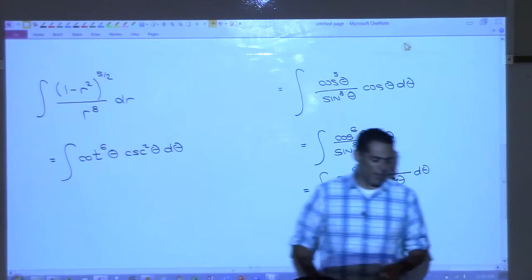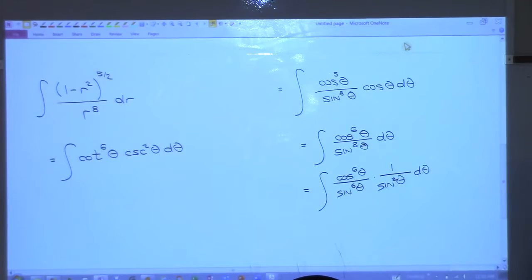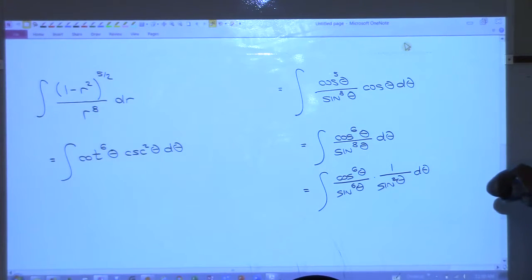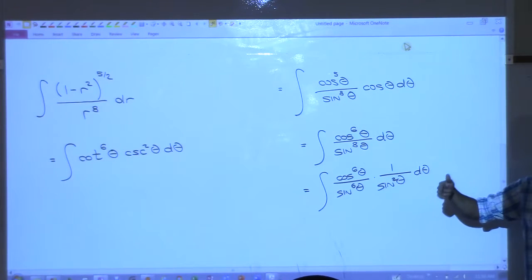And what are you thinking about that? You should be happy to see that, because we have an identity for cosecant squared theta. More than that, we have a basic u sub now. What's the derivative of tangent? Secant squared. What's the derivative of cotangent? Negative cosecant squared.